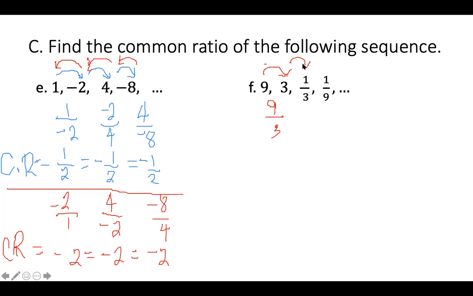And here, that's 3 over 1/3. And here, that's 1/3 over 1/9. And let's simplify. Let's check if these ratios are equal. So let's simplify. 9 over 3 is equal to 3.